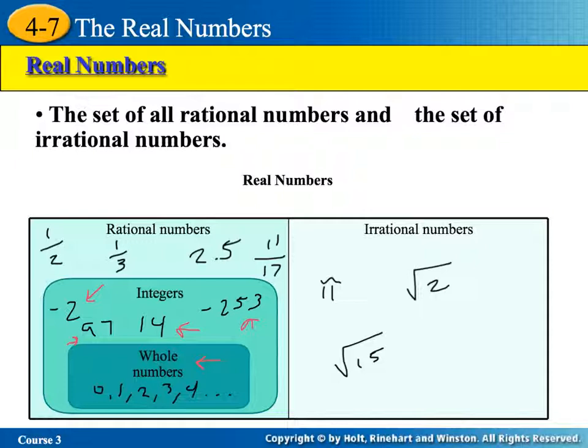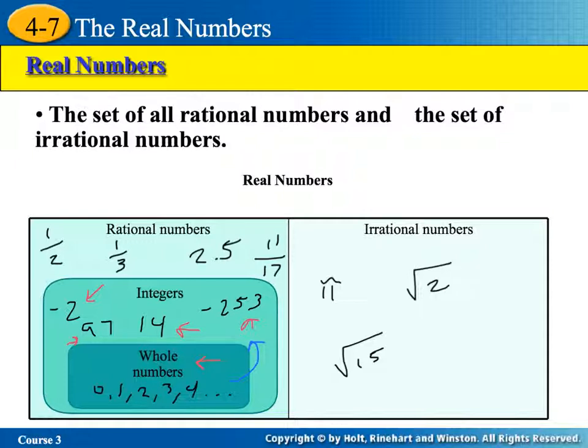All whole numbers are integers. However, not all integers are whole numbers. Example, -2 is an integer, but it is not a whole number because it is negative.